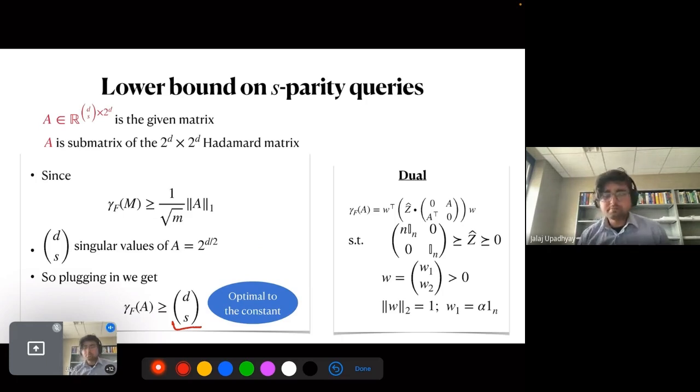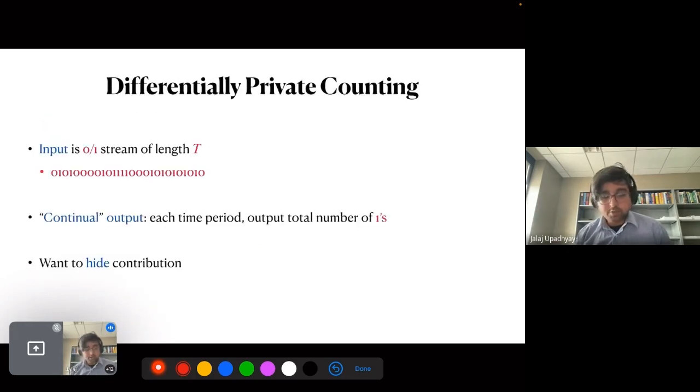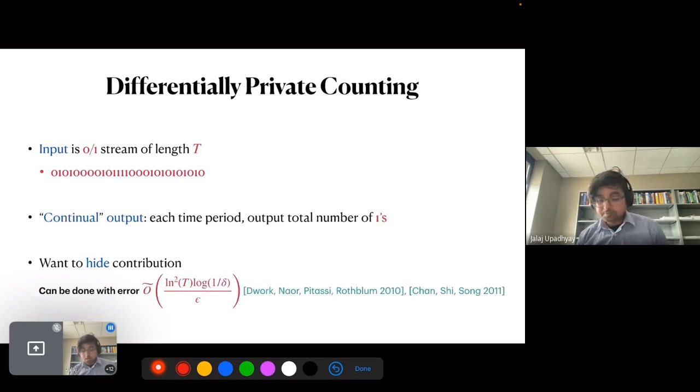We believe it can extend to something like marginal queries as well using this characterization, but that's something we are working on at the moment. Again, for counting, you can do the same thing. Basically, we wanted to get rid of the big O notation and get a concrete bound.